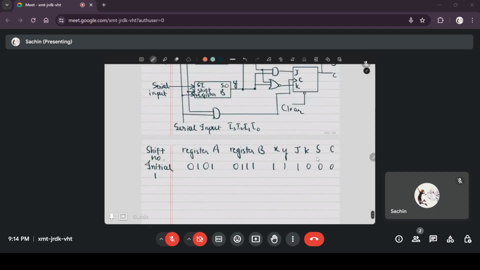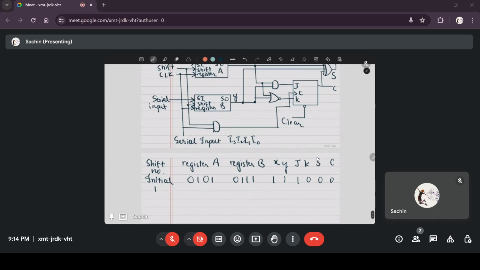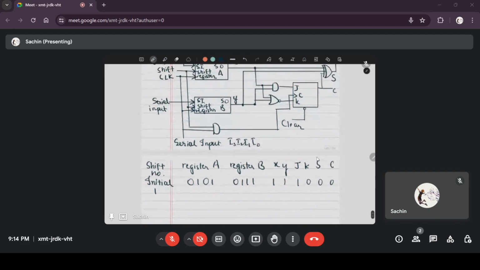After the first clock pulse comes, the sum is shifted into register A. So there's a shift by 1 bit, and the sum which is 0 is shifted here, and the serial input is shifted to the first bit.